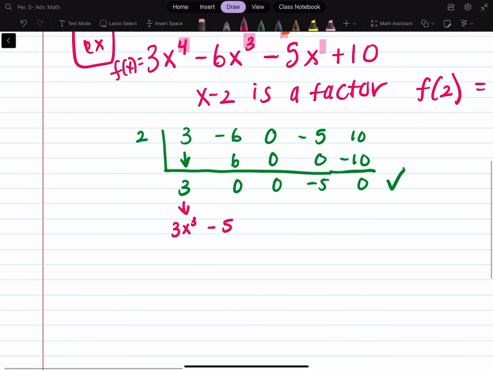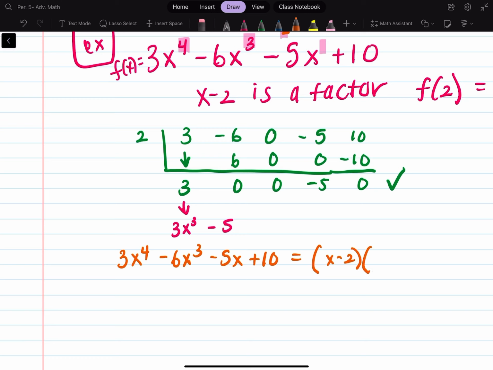So to rewrite the original polynomial in factored form, 3x to the 4th minus 6x cubed minus 5x plus 10 is equivalent to my first factor, which was x minus 2, times my 3x cubed minus 5, okay? And that is an equivalent way to represent our original polynomial in factored form.